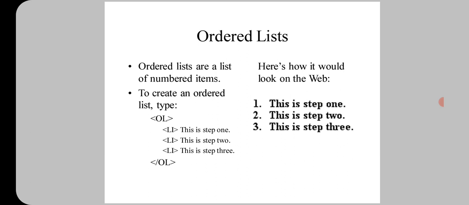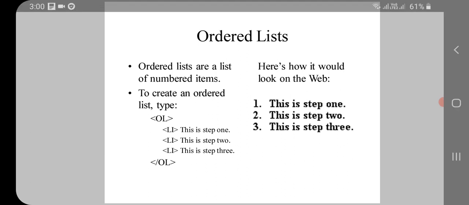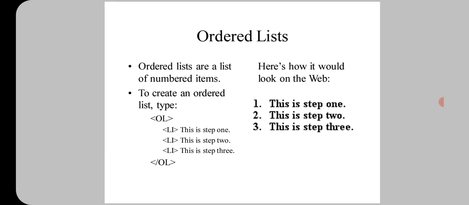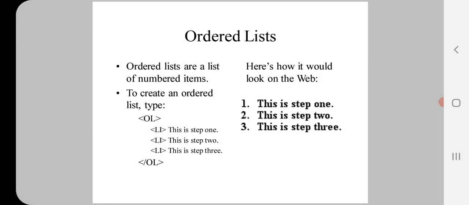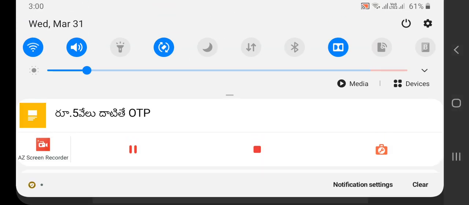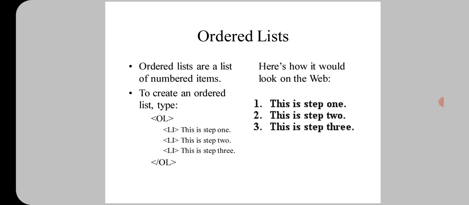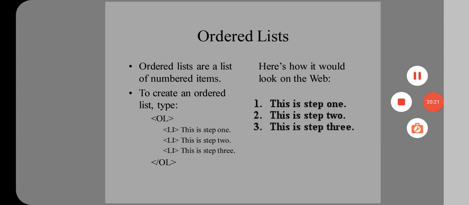The first one is the OL tag, the second one is the UL tag, and the third one is the LI tag. The OL tag means ordered list, the UL tag means unordered list, and the LI tag means list item. To create list items, we may use the LI tag.